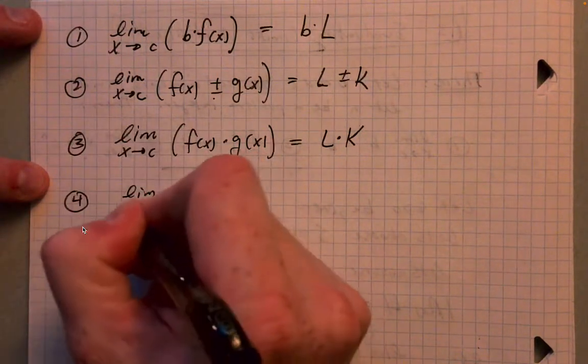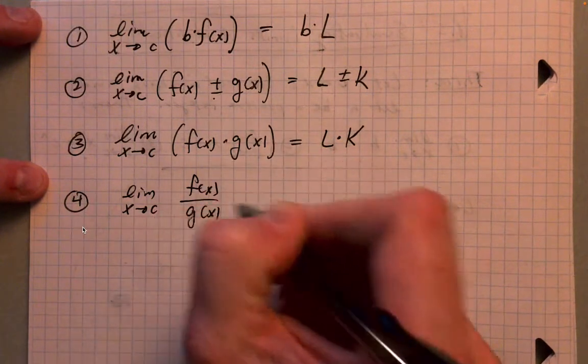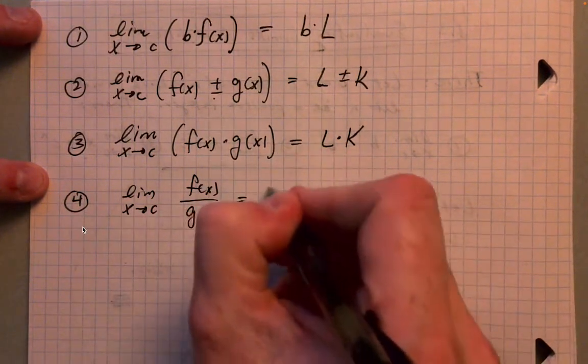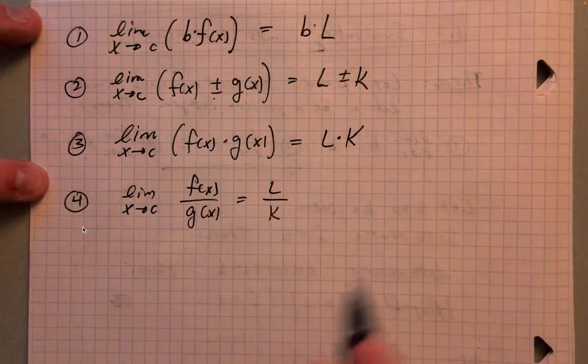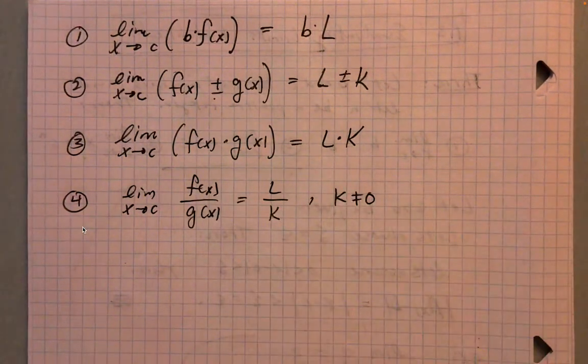The limit as x approaches c of f of x divided by g of x is equal to L over k, provided that k is not equal to 0, right? So if the limit of g is 0, then the limit of the ratio of f over g is not necessarily defined.